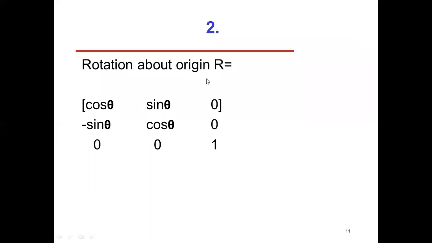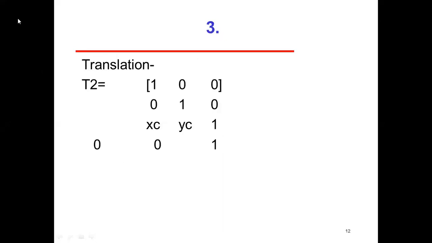After this we rotate about the origin, using the formula cos theta, sin theta, 0, minus sin theta, cos theta, 0, 0 0 1. Whenever we want to rotate our object about the origin, we use this matrix. In the third step, we again do a translation in the form 1 0 tx, 0 1 ty, 0 0 1, and here we write the exact values xc, yc, because we are moving from the origin back to the initial state.